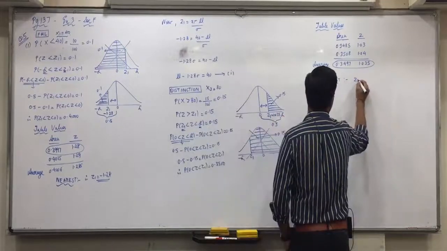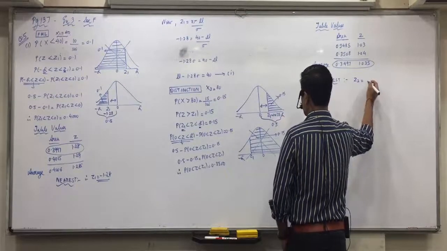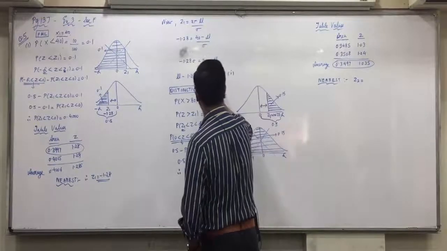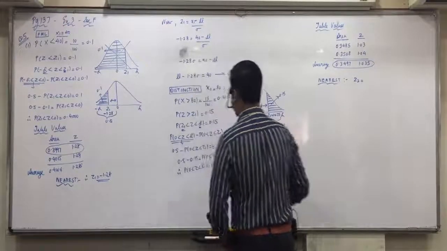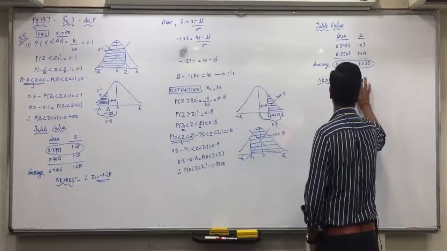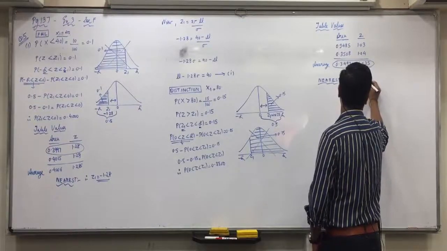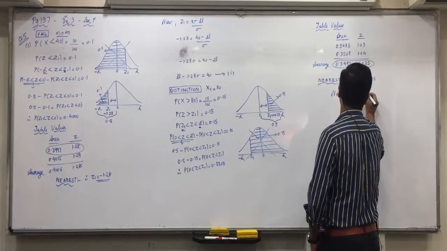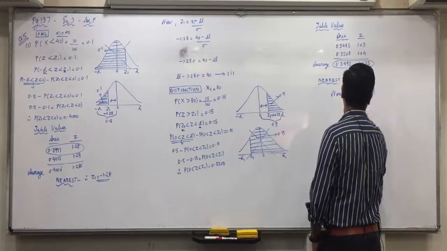1.035 means Z2 is equal to, Z2 or Z1, we have denoted. No problem. Then in the beginning mark it as X1 so that confusion doesn't arise. So Z1 is 1.035 positive. Now Z1 is equal to X1 minus mu upon sigma.